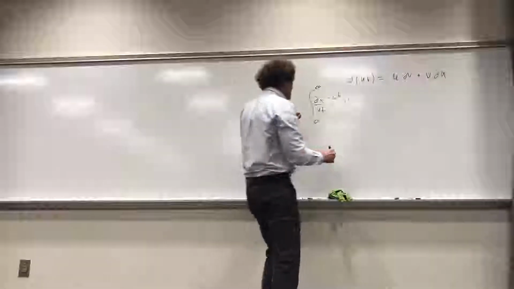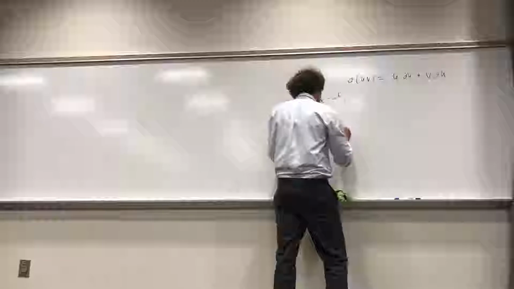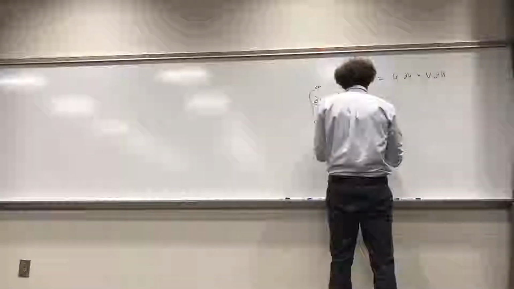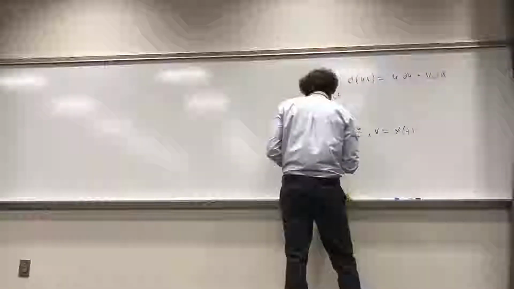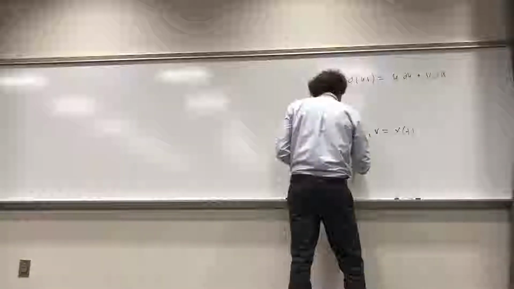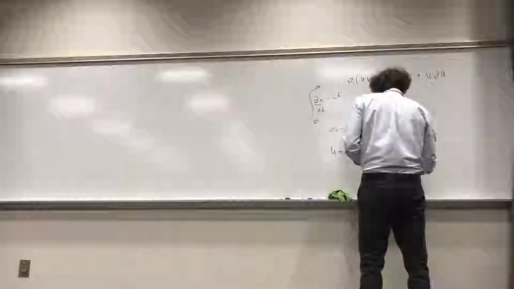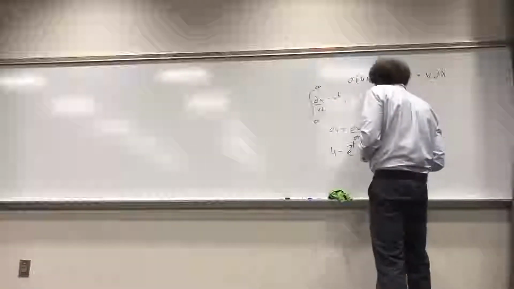Now, here, I make dv equal to dx dt, and therefore v is just x of t, and I make u equal to e to the minus st, and therefore du is equal to minus s e to the minus st dt.